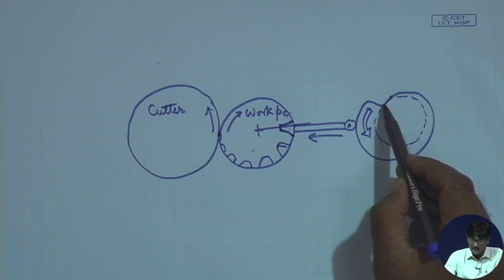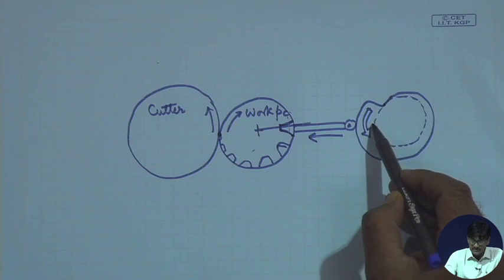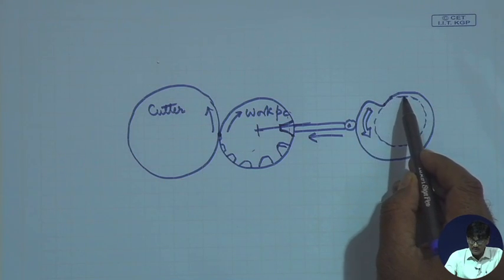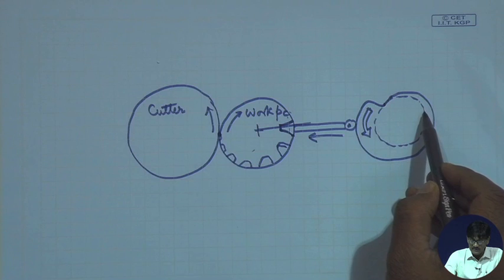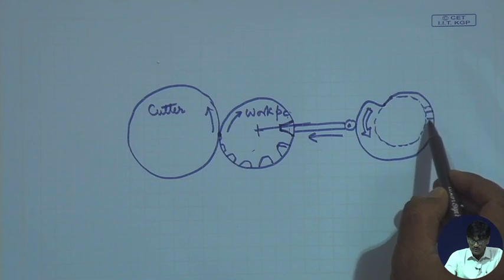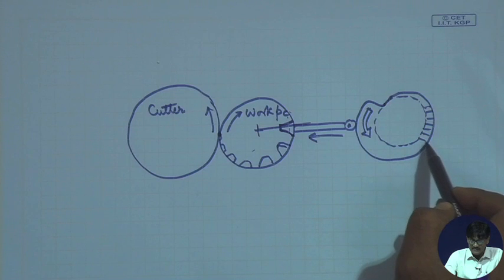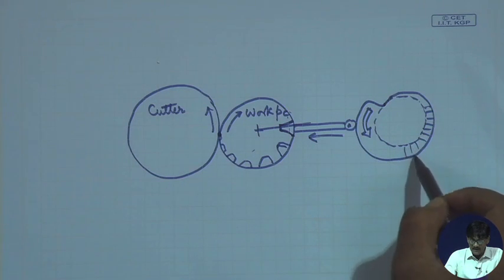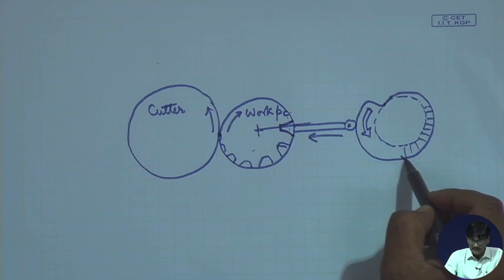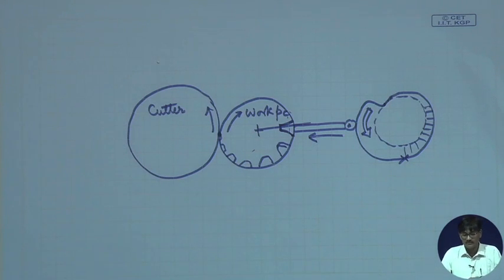So, if we start from here, when this position is here, this one starts rotating, and gradually the amount of push is increasing, and after some time we will find that further increase is not required, because it has reached its full depth.